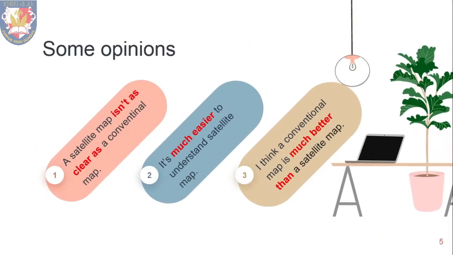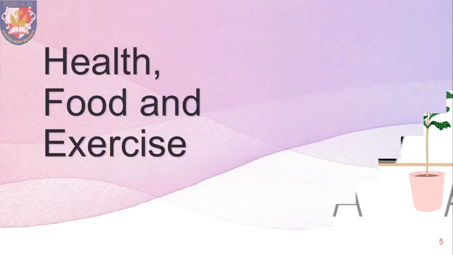There are some opinions about this. First, a satellite map isn't as clear as a conventional map. Second opinion, it's much easier to understand a satellite map. While the last opinion, I think a conventional map is much better than a satellite map.